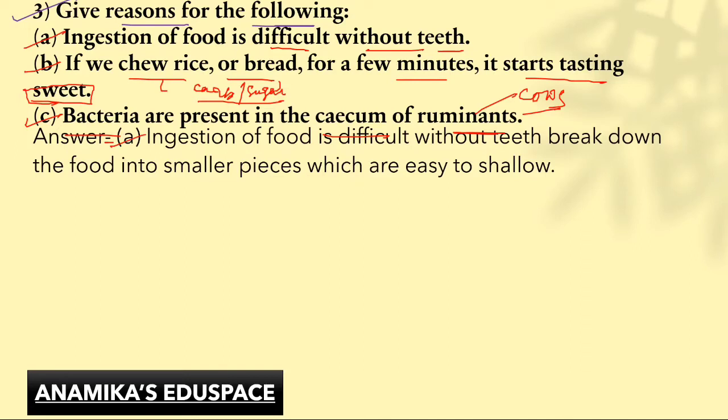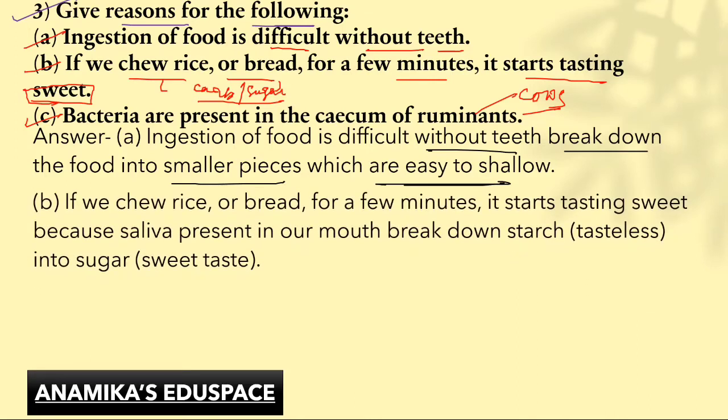Answer option number A. Ingestion of food is difficult without teeth. Clear? So, what is written? Without teeth, we cannot ingest the food. We cannot break down the food into smaller pieces which are easy to swallow. That is, you can easily swallow the food if you break it into smaller pieces or simpler forms.